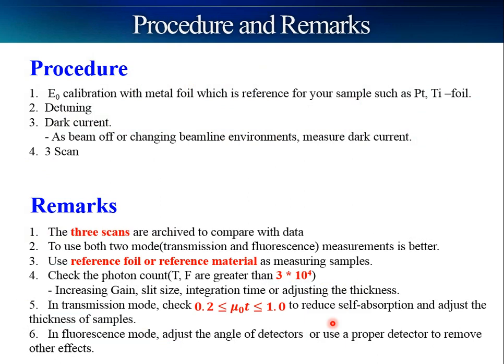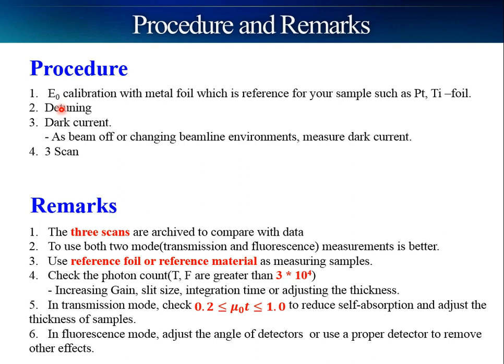Now, let me tell you about the procedure of the XAFS measurement and remarks. First, the XAFS experiment can be described in 4 steps in brief. First, you calibrate E naught, which is the energy of the probed atomic orbital in the sample.